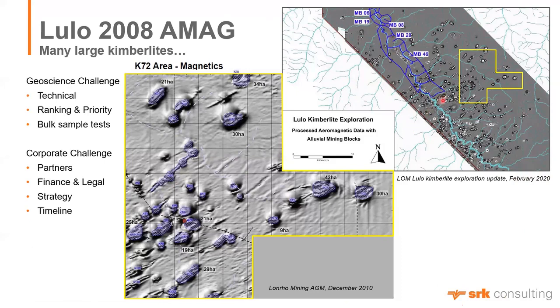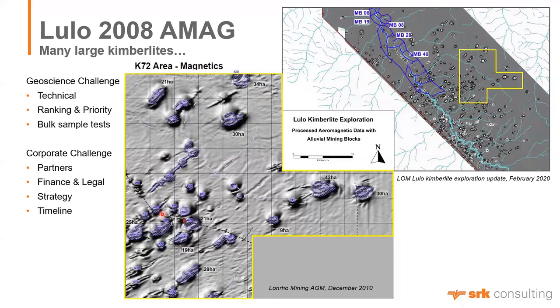This is their alluvial production scenario that I've just highlighted. The block in yellow over here is highlighted at the bottom over here. Look at these numbers: 30 hectares, 9 hectares, 29, 30, 34, 21 hectares. Very large, many, many large kimberlites.